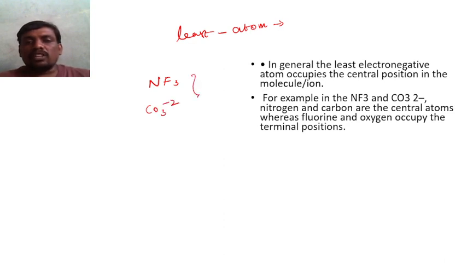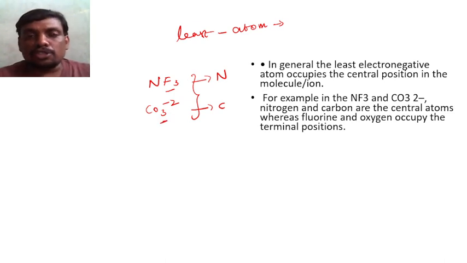These two ions, if you carefully see, nitrogen in case of NF3 and carbon in case of CO3 2-, are the central atoms, whereas fluorine and oxygen are occupying the terminal positions.